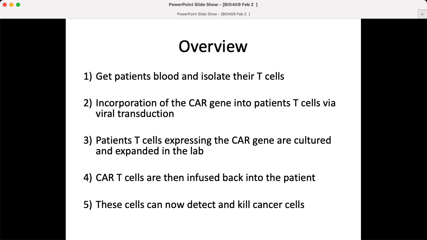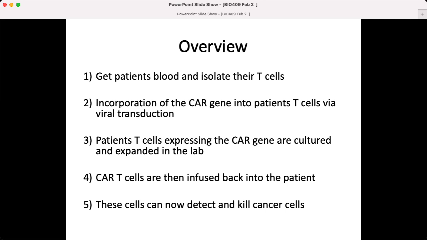And just as an overview again, we just want to get blood from the patients. We want to isolate their T cells. We want to incorporate the CAR gene into the patient's T cells, generally via viral transduction using the lentivirus. Patient's T cells are then expressing this gene. They can be cultured, expanded, and the population can grow in the lab.